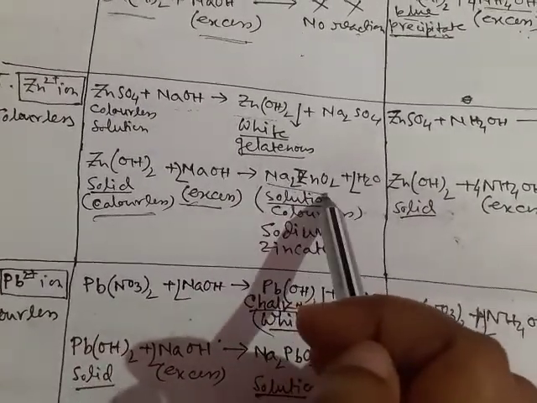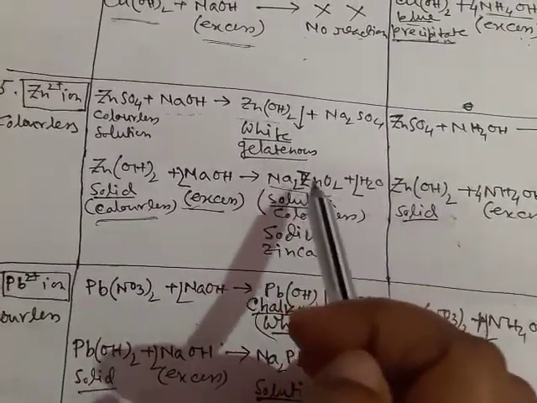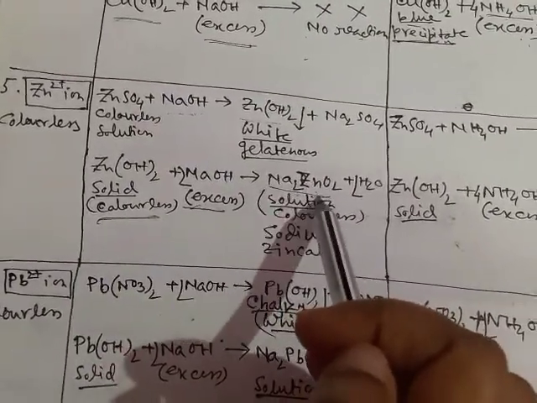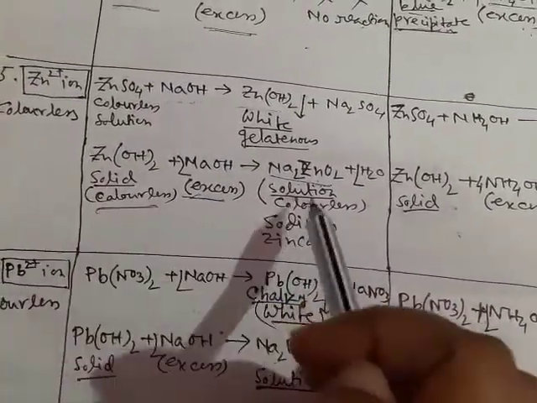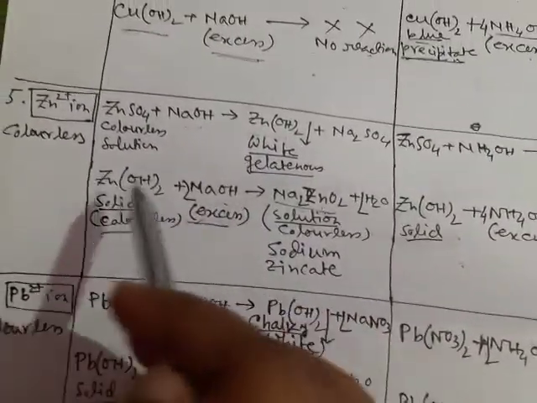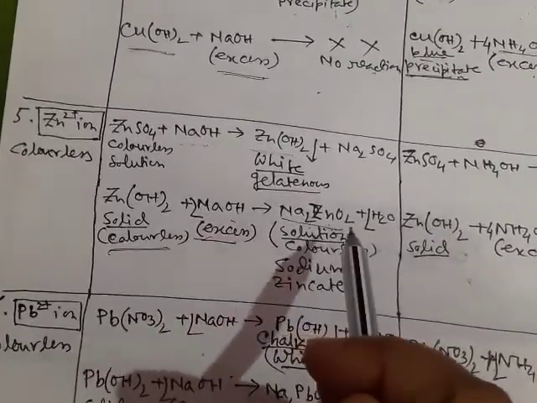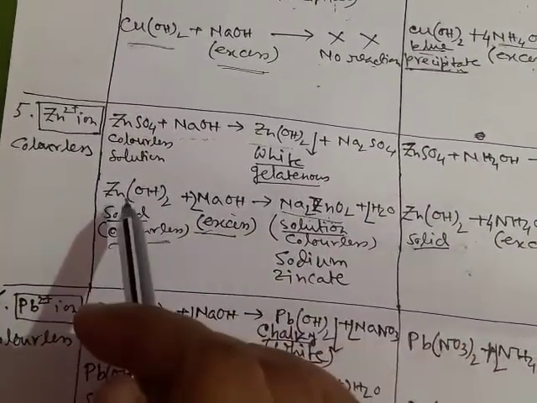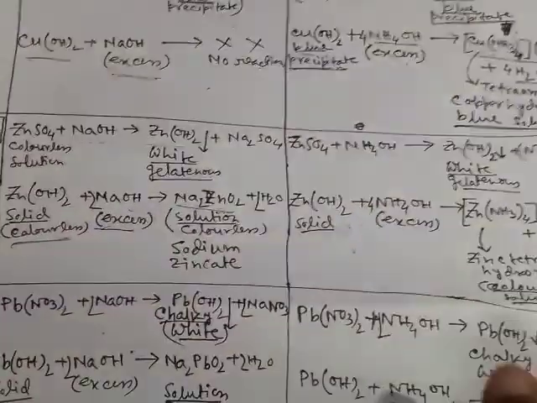This sodium zincate is a complex compound, and it is soluble in water, so the precipitate becomes soluble in the presence of excess NaOH. These reactions are very important. You have to memorize these reactions in their balanced form.